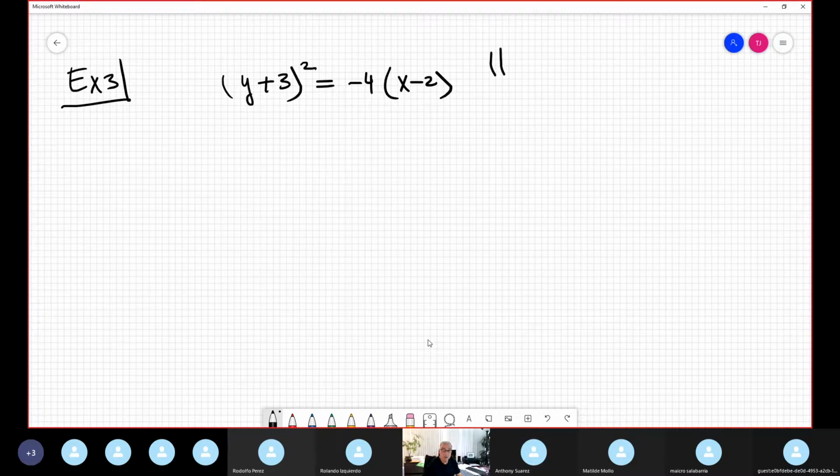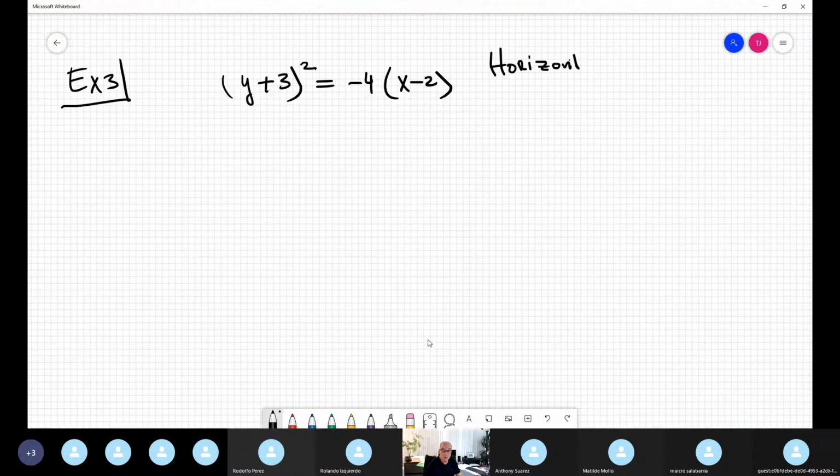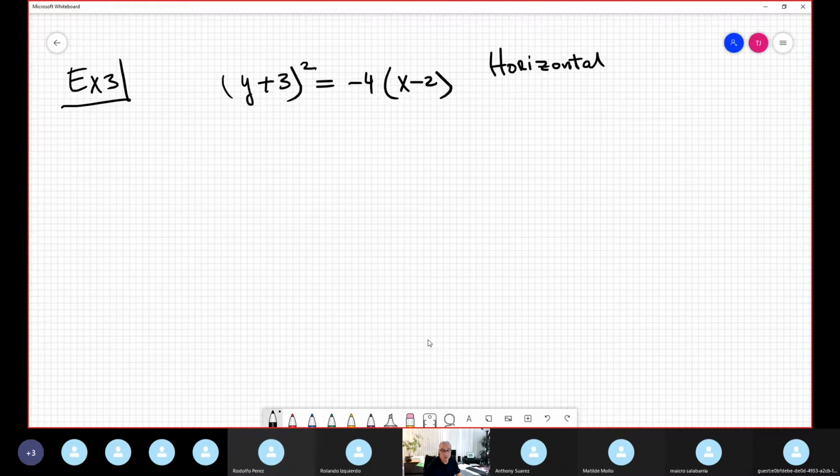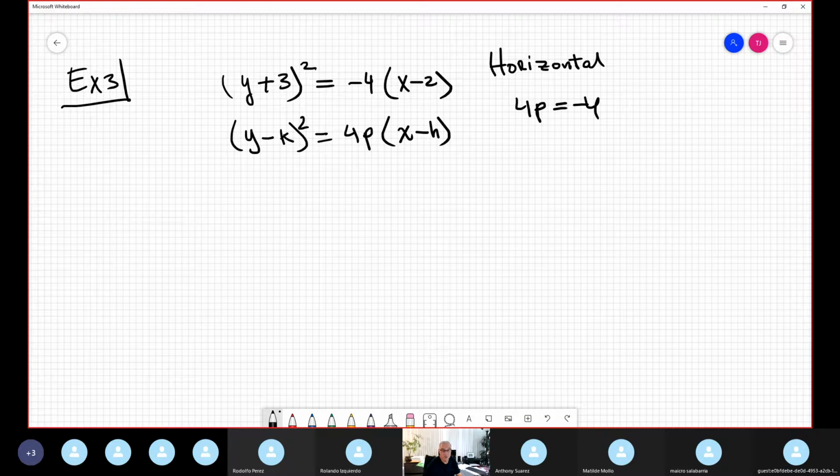Same idea, because the y part is squared, second degree. Now let me determine the p-value. Remember, this is (y - k)² = 4p(x - h). So you compare: 4p is equal to -4. Therefore, p is -1.